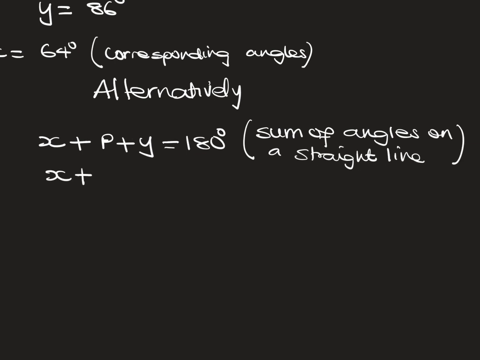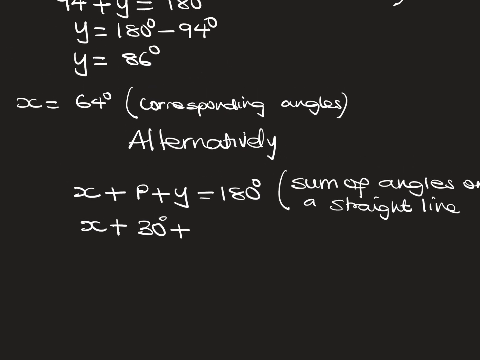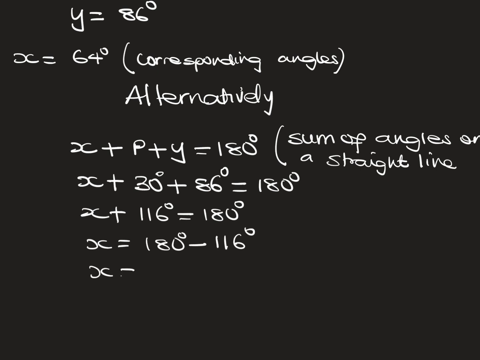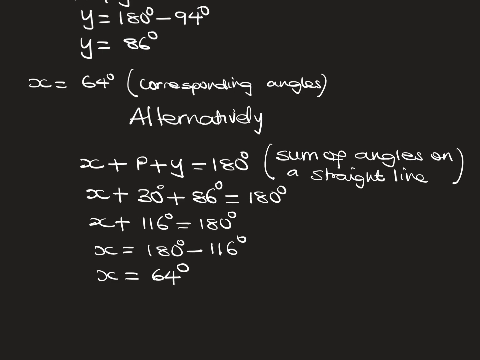So X plus P is 30 degrees plus Y is 86 degrees is equal to 180 degrees. So X plus 30 plus 86 is 116 degrees. This is equal to 180 degrees. X is equal to 180 degrees minus 116 degrees. X is equal to 64 degrees. So you can see how you can find X alternatively.